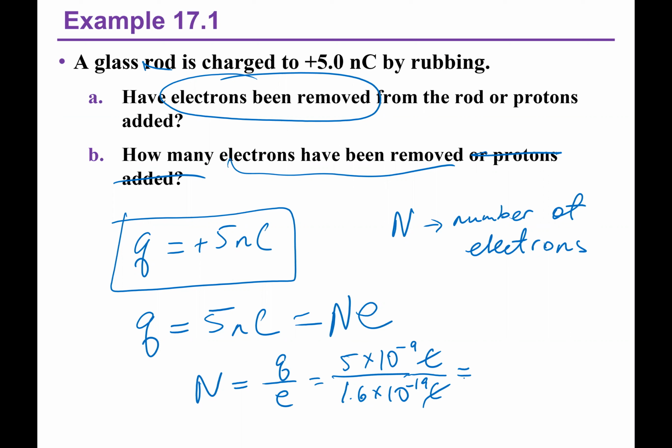What we're going to get here is 3.1 times 10 to the 10 electrons. In a way we can say this is roughly 31 times 10 to the 9, which is billion. So that means 31 billion electrons have been removed in order for this charge to be only 5 nanocoulomb.